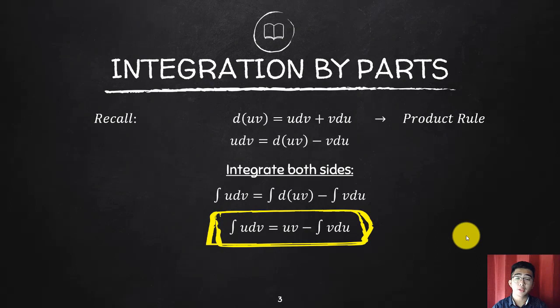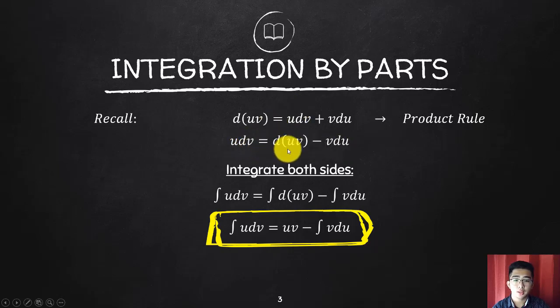If you recall your product rule in differential calculus, the differential of uv, u and v being two separate functions, is u dv plus v du. This is the product rule. Since we are in integration, if we transpose the v du term to the left side and isolate u dv, we get this expression.